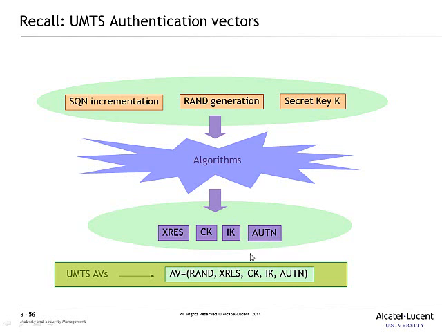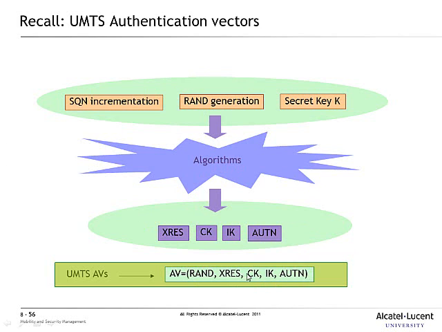So these 4 pieces of information along with the RAND are called the authentication vectors. Okay, these are 5 pieces of security information. They're called authentication vectors, but they should have been called security vectors because these 5 pieces of information are the ones that provide most of the security for a 3G network.